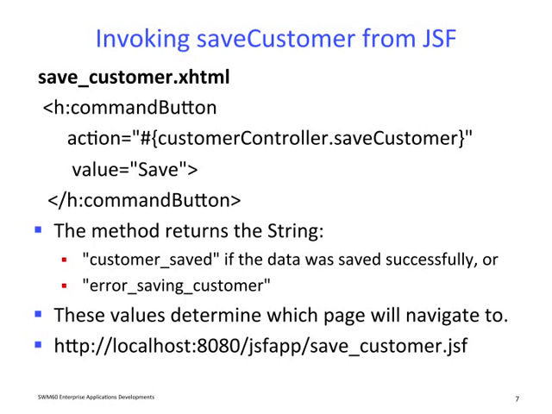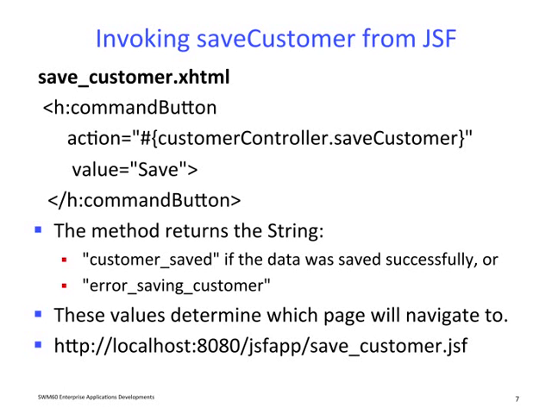So when the button is pressed, the action is that customer controller bean to invoke the save customer method. So this is what is going to happen, and the value saved is passed on to the controller bean.